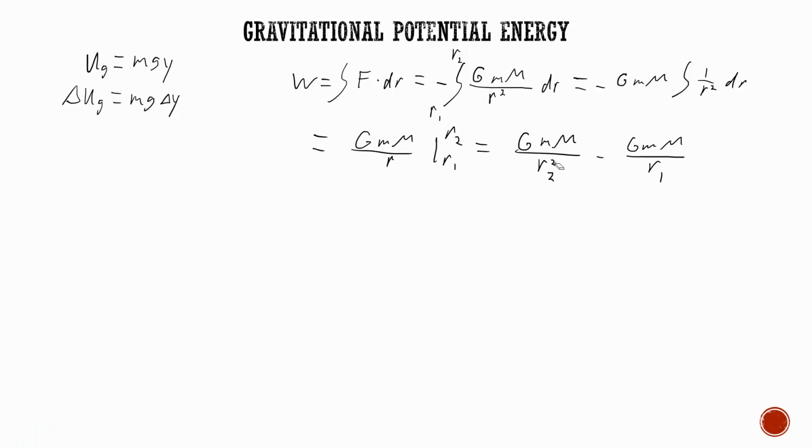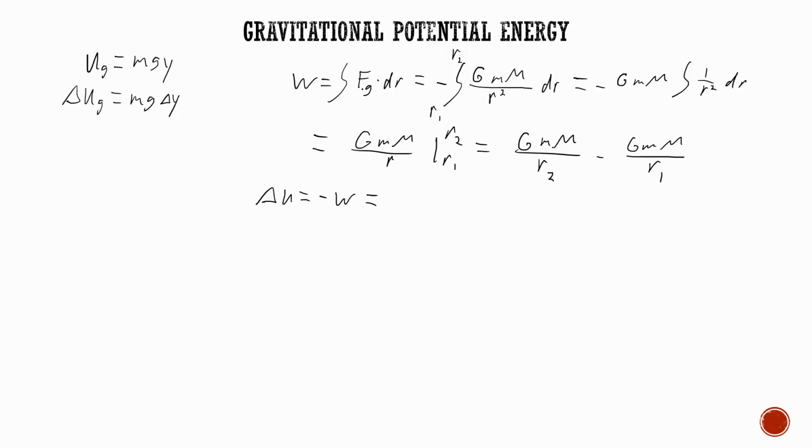Sorry. Alright, now because we know that gravity is a conservative force, we can also set the work equal to the negative change in potential energy, or the change in potential energy equal to the negative work done. And by the way, this is the work done by the gravitational force.